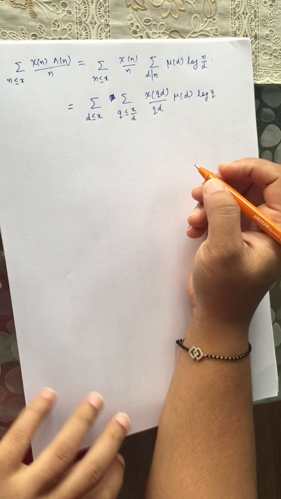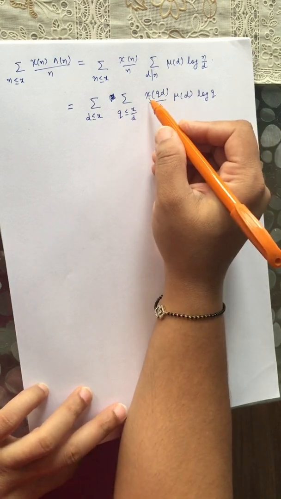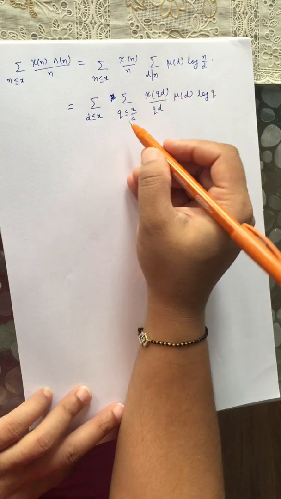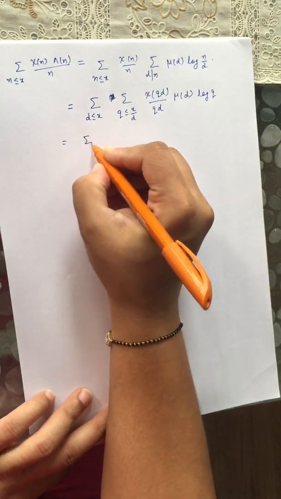Now since χ is completely multiplicative, χ(qd) is equal to χ(q) into χ(d), and we will separate the sums.